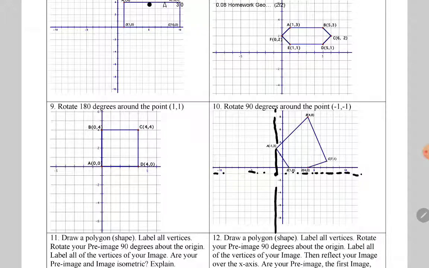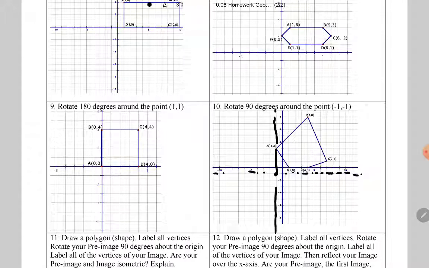And I'm not going to do the whole thing, I'm just going to do a few points, just to show you as an example. So I'm going to relabel all my points.